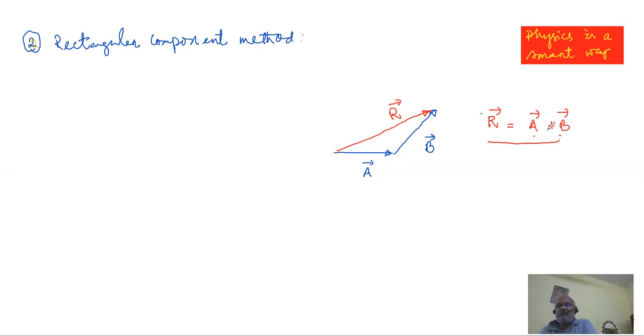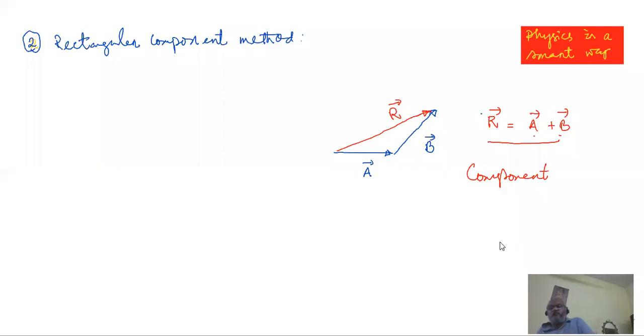The question is, what will A and B be of R? The answer is components. A component means a part of. Because we add A and B to create R, A and B are obviously a part of R, and a part is known as a component.